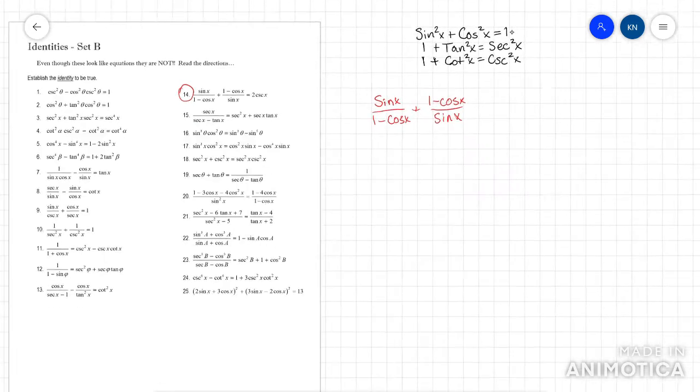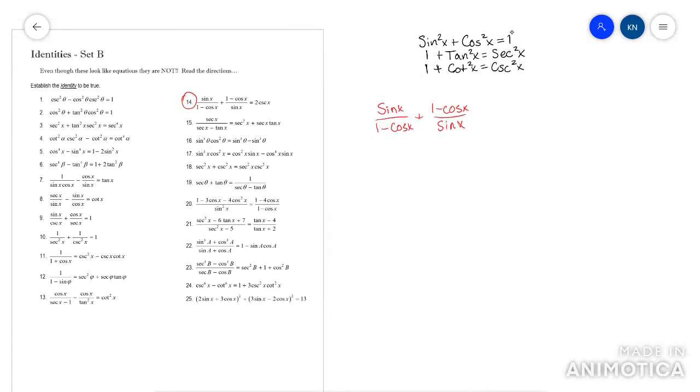Okay, now, if I was doing this problem, I would be thinking to myself, on the left, I'm trying to get a common denominator here. So on the left, I need sine. And on the right, I would need 1 minus cosine.